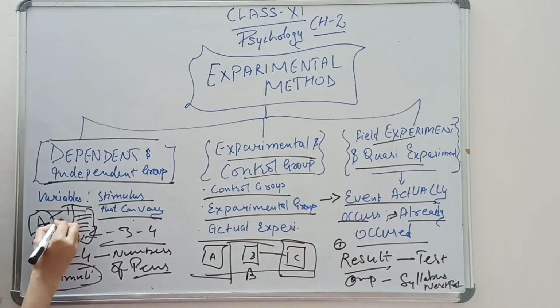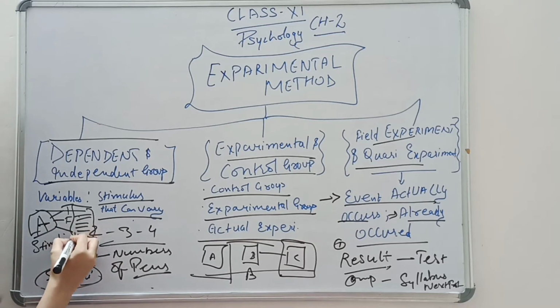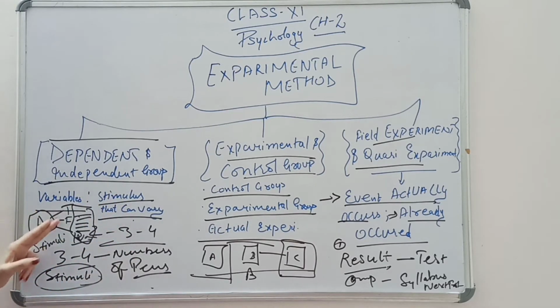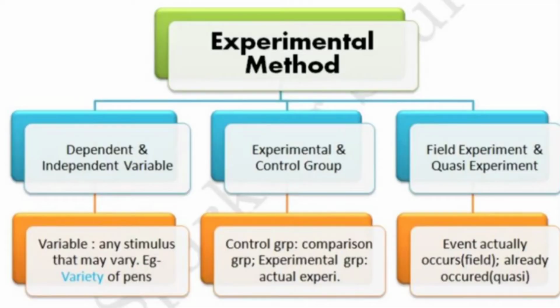Now on him we have to see the effect of friends, so this is the second variable. If we want to see the region difference, this will be the third variable. Similarly, there is the stimulus which has been affected and the variables through which we are doing the experiment and finding the response of a person.